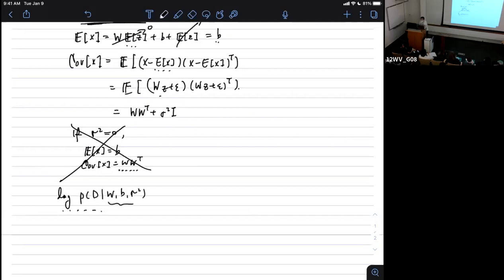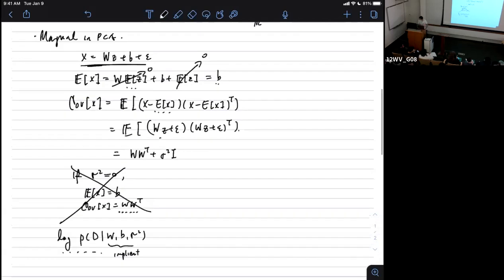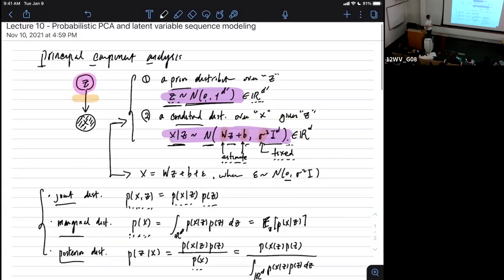Then I'm going to skip it whenever it's not really necessary, so this is implicit. What it means is that, just like what I said earlier, all these probability distributions seem to be distributions over these variables, but they are all implicitly conditioned on our choice of this data generating process.